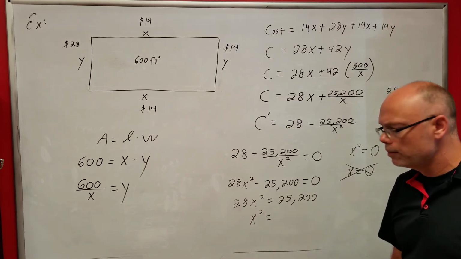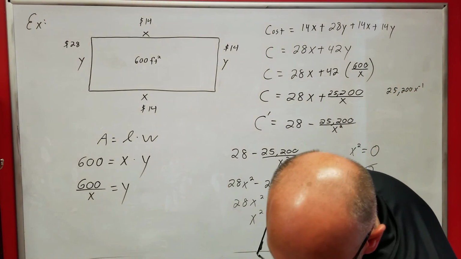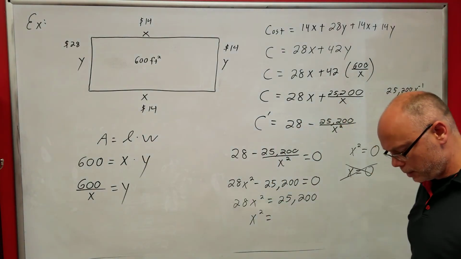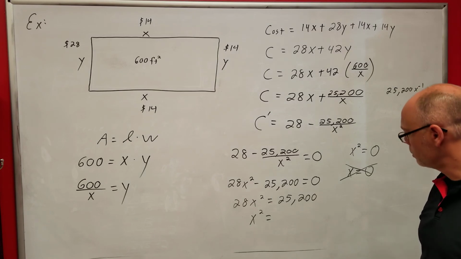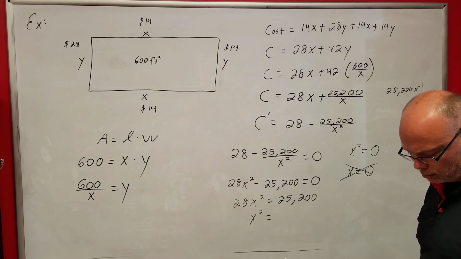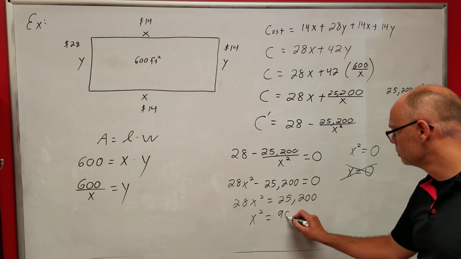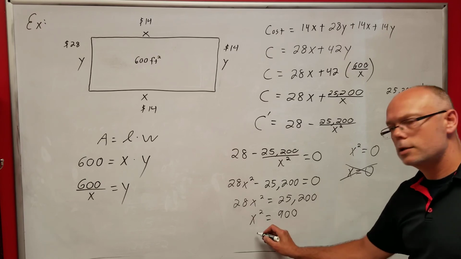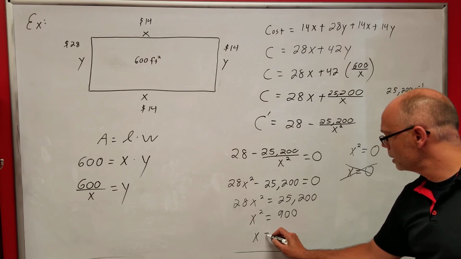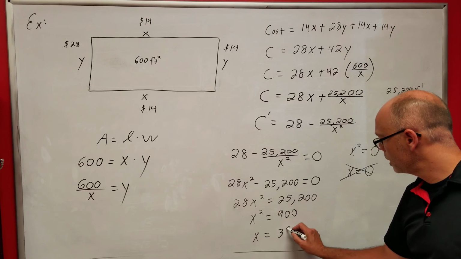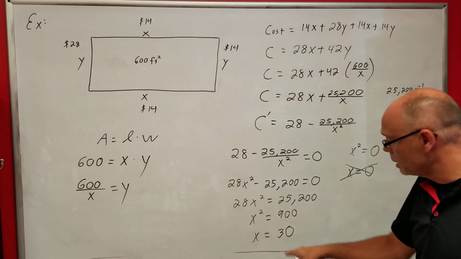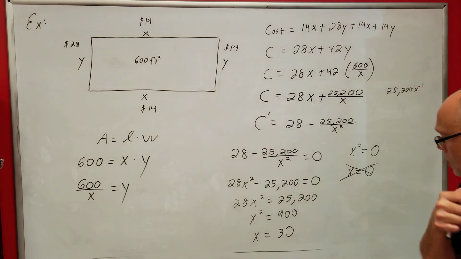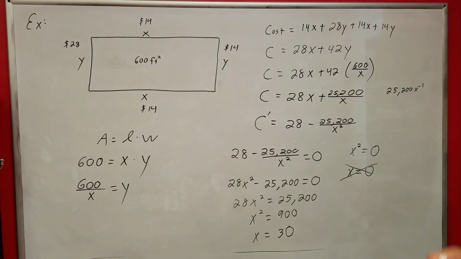And then if I divide both sides by 28, what do I get? 900. So if I take the square root of both sides, I get x is equal to plus or minus 30. But if x is the length of a side, it can't be the minus 30. So I'm just going to use 30. X is equal to 30.